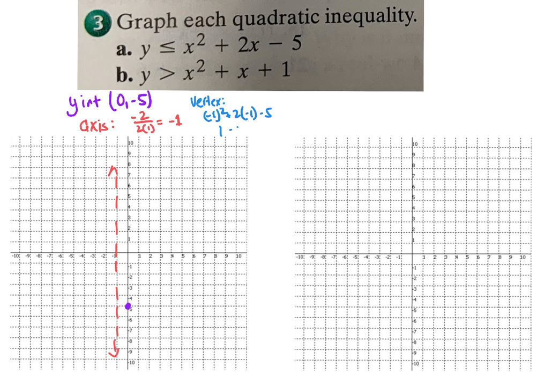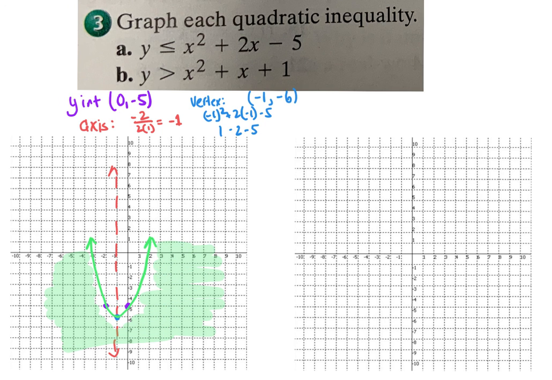So you get 1 minus 2 minus 5, so -6. So your vertex should happen at -1, -6 right here. And then you can mirror that y-intercept over there. This should be solid because it is or equal to.